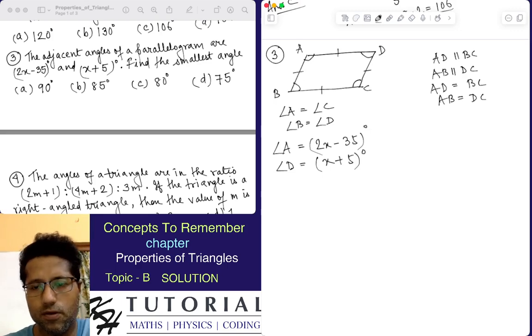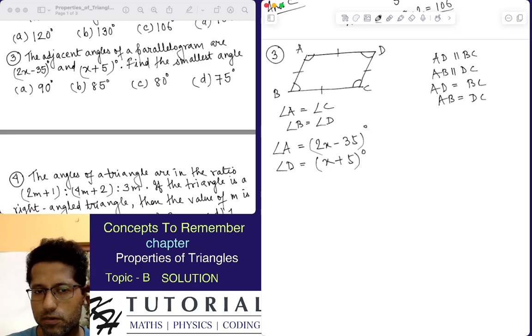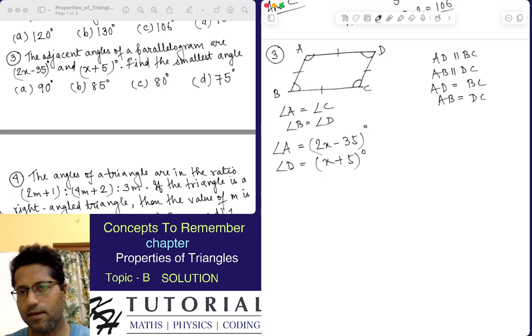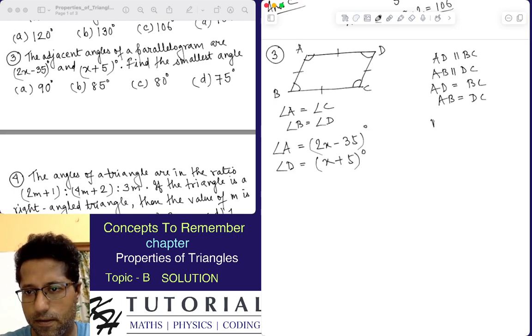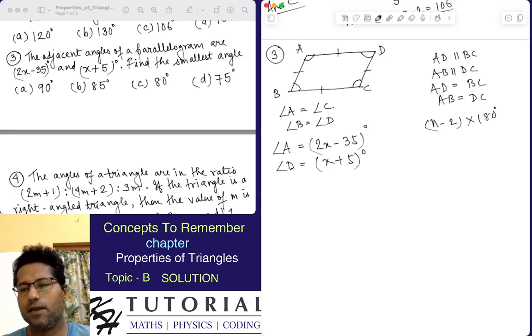Now one more thing, we know that a parallelogram is a quadrilateral, and in a quadrilateral the sum of the corner angles is equal to 360 degrees. It comes from the fact that the sum of the corner angles of an n-sided polygon is (n minus 2) into 180 degrees.